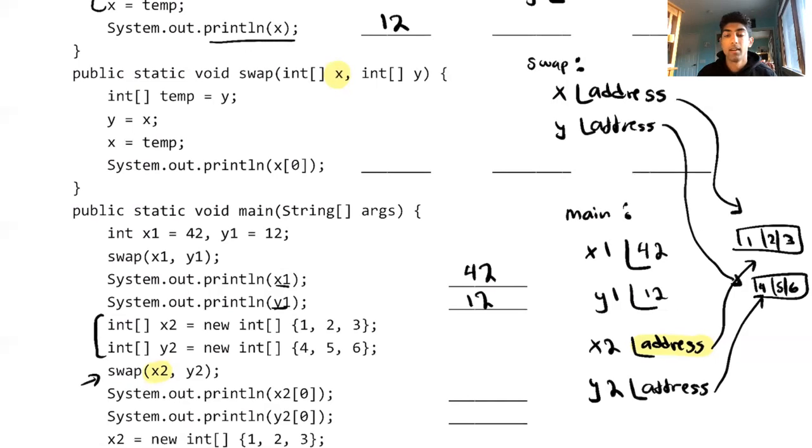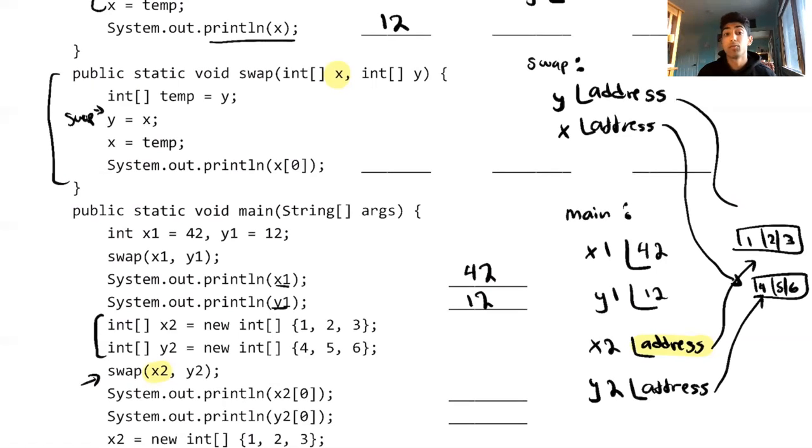Then what we do in the scope of this swap function is swap these addresses. So now x and y swap: x's value is y's address, and y's value is x's address. That's what this swap is doing right here.